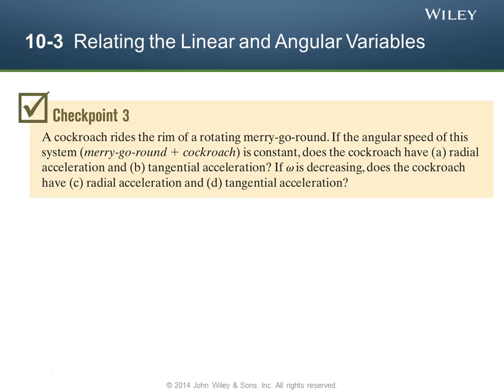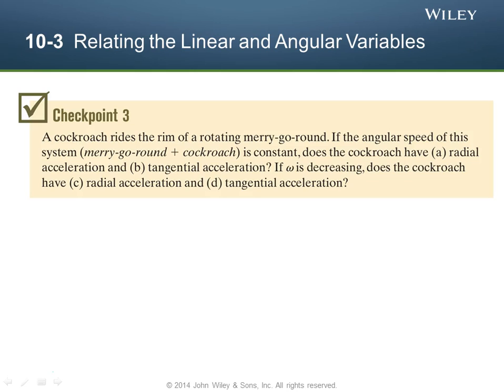So if the angular speed is constant, that means the angular acceleration is 0, then it will have radial acceleration, but it will not have tangential acceleration because alpha is 0. Alpha times r gives us 0, so b would be 0 here. However, for a, we would have a radial acceleration equal to omega squared times r.